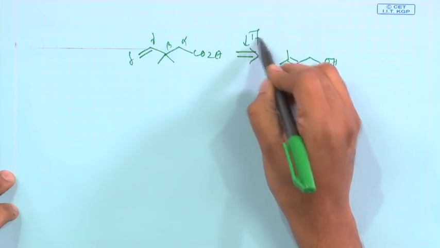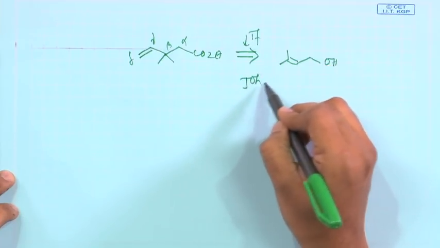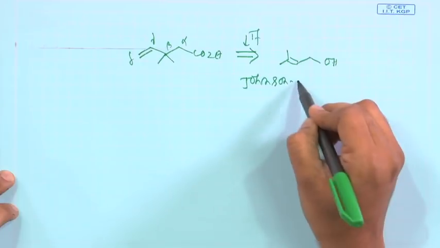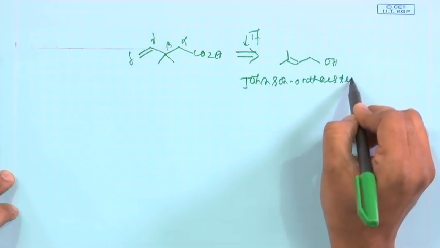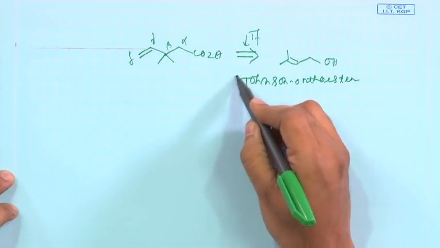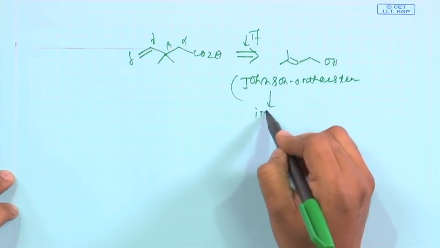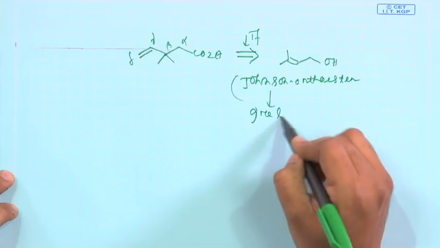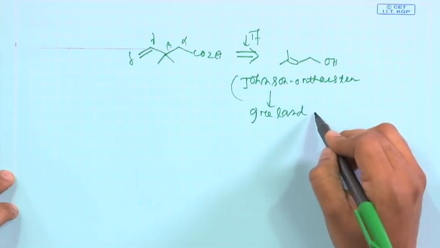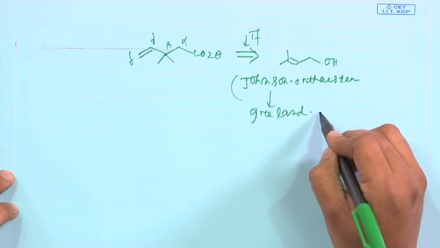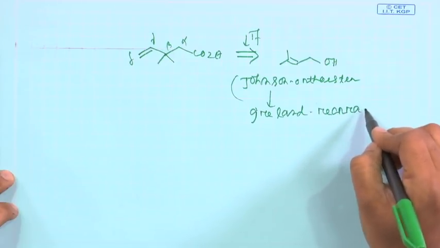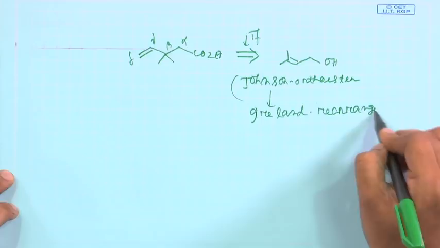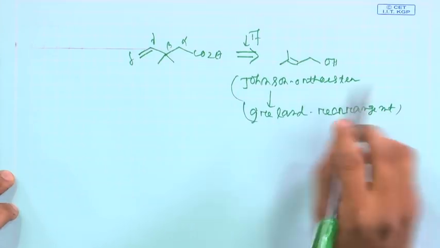The transformation will be Johnson orthoester-Claisen rearrangement, and this will give you the gamma,delta unsaturated ester. Similarly we also talked about the Ireland-Claisen rearrangement, which is basically a modified version of a Claisen reaction, and that will also give you a gamma,delta unsaturated carbonyl compound. And the rest of the things are basically functional group interconversion.